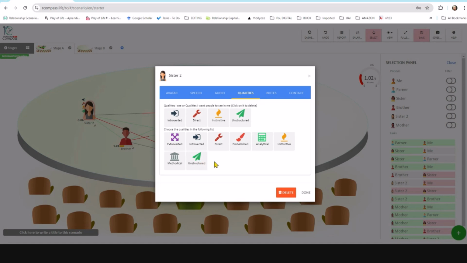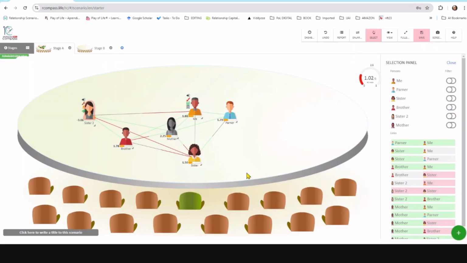Unstructured. Okay. So now we can see that there are differences between you two that may annoy you without you knowing. She might talk in a way that is direct, pop, pop, pop, and you might feel, gee, maybe she's angry at me or something. But in reality, it's her type.